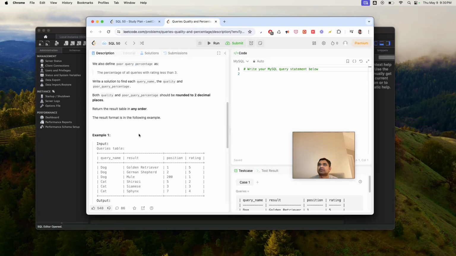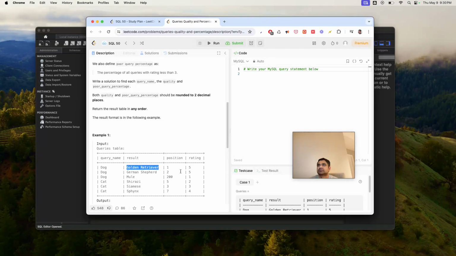There is an example. From the question, it may look somewhat difficult, but there is a query name with values like golden retriever, German Shepherd, mule, cat, all these kinds of things.